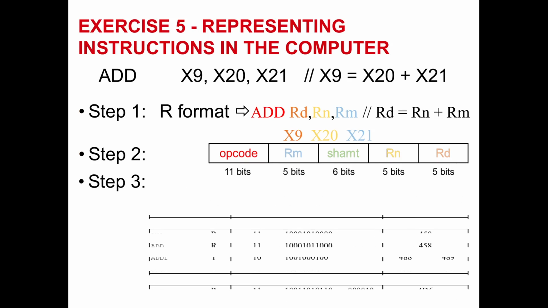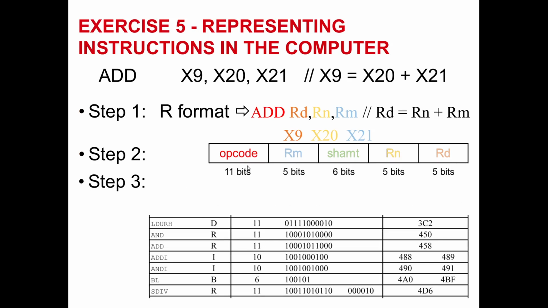For step 3, we need to know what the opcode for the ADD instruction is, and so we look into the opcode table. We can see that the ADD instruction here has an 11 bit opcode, and the value is 10001011000, and so we will have this 11 bit value located here as the opcode.